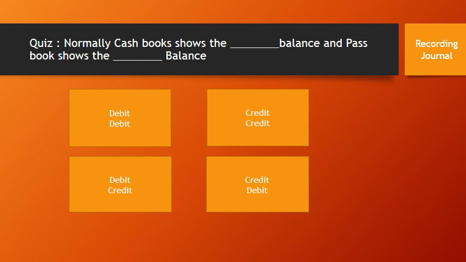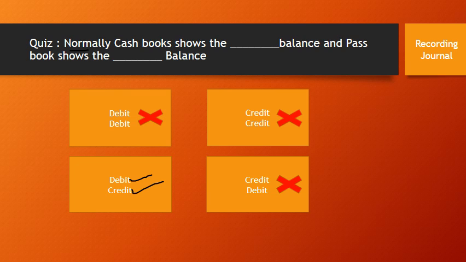Normally, the cash book shows debit balance and the passbook shows credit balance. This is the right answer. Why? Cash is an asset account. I'm using the term normally for cases where there is no overdraft facility.